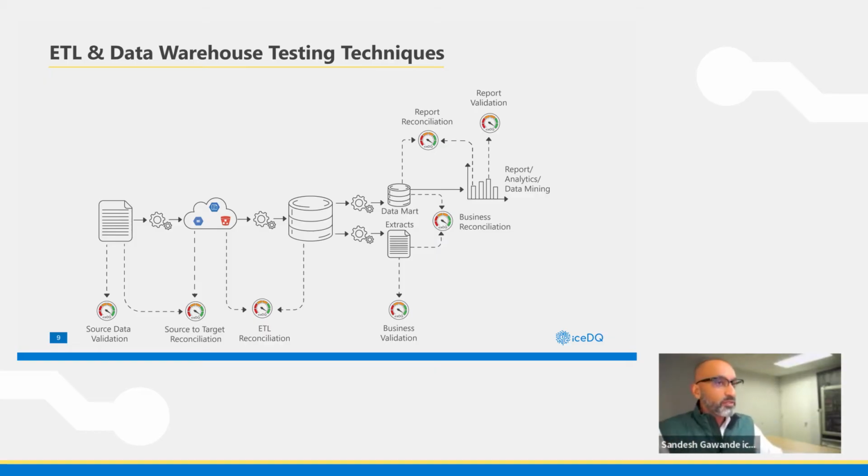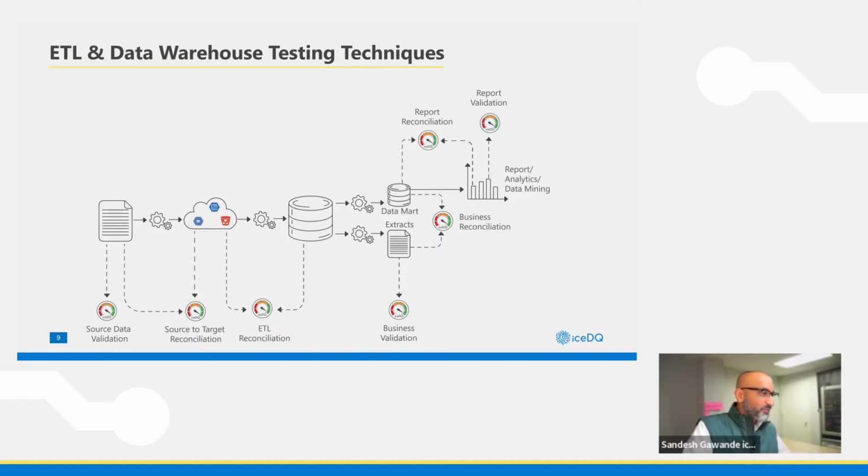So a typical data warehouse that we showed, right? It takes data in a file, loads it into a staging area, maybe in a cloud or FTP server. Then it goes into a data warehouse. As I said, there is a whole flow of how the data is flowing. So what are the kinds of tests we need to do here?